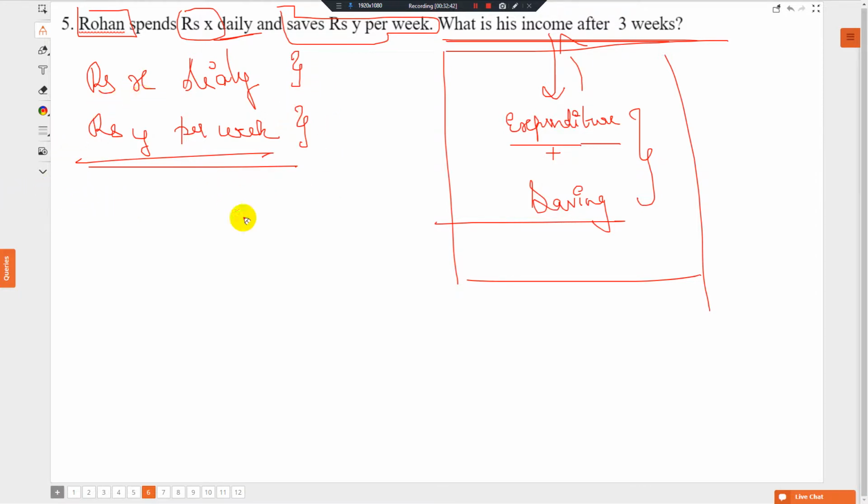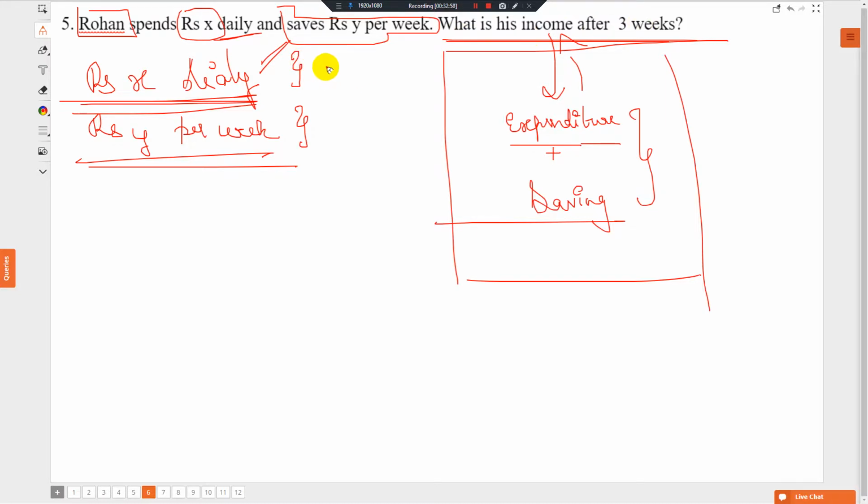For rupees X daily, 1 week has 7 days. He spends daily, so 3 weeks means 21 days, that is 7 into 3.